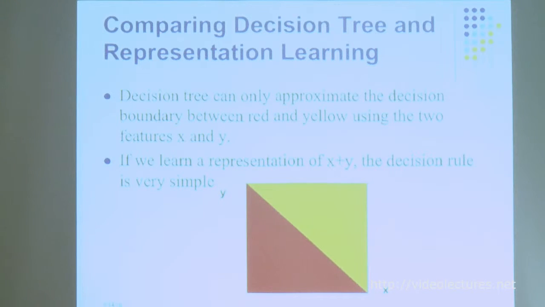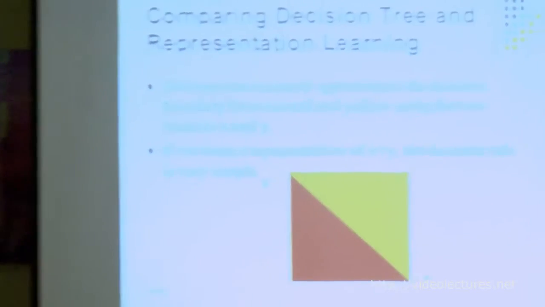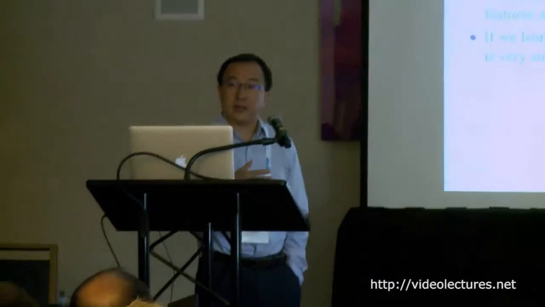If we train a decision tree on this data using X and Y as input, what type of decision tree are we going to get? We're going to get a proxy, because using a decision tree you discretize X and Y. You approximate the linear decision boundary by blocks, so you never achieve perfect separation.